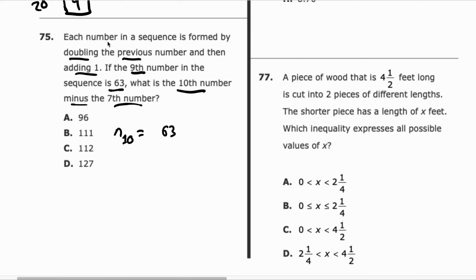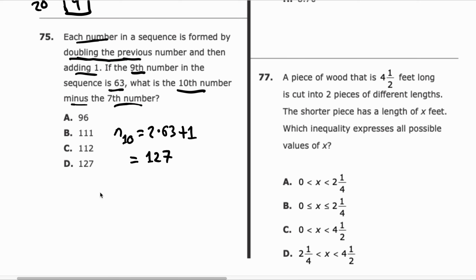And we're told that to get the next number, we have to double the previous number. So we're going to double 63 and add 1. So that would be 127. So that would be our 10th number.